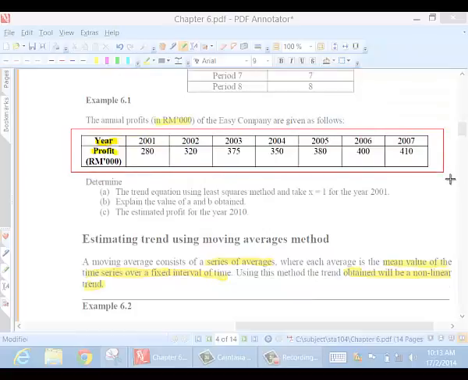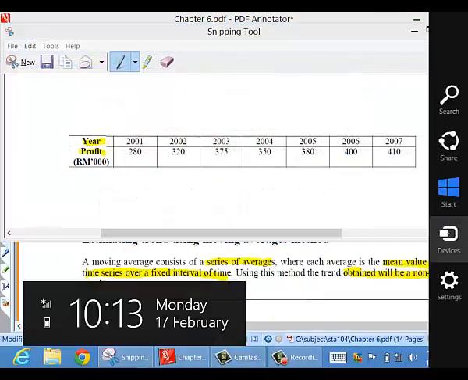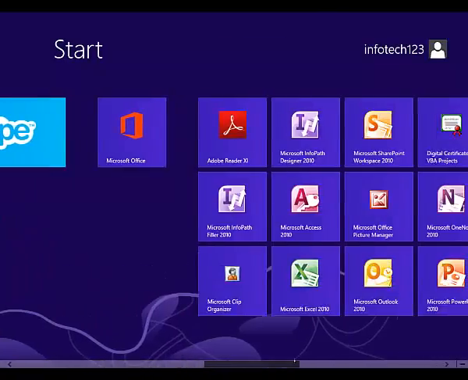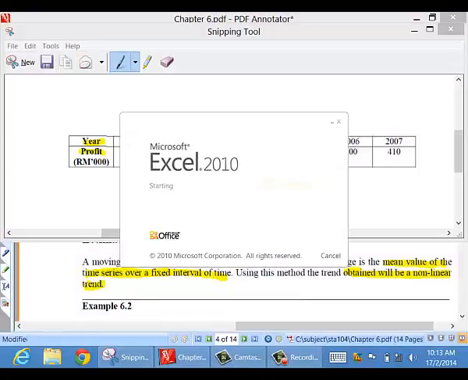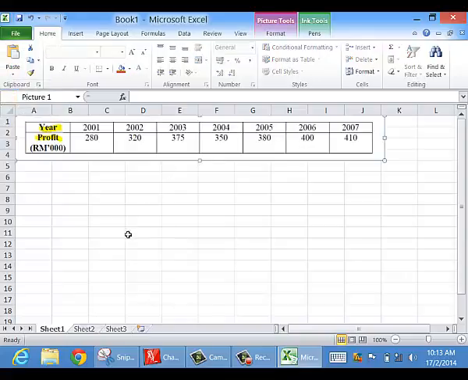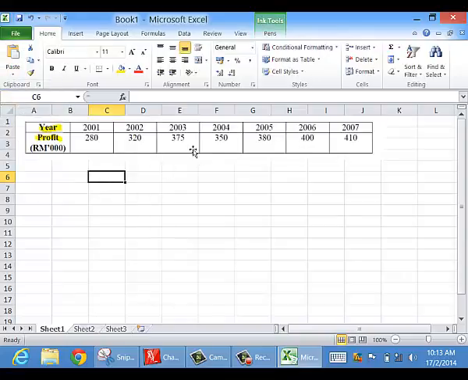This is a wide format. From the wide format, you need to convert to long format. So let me paste it on Excel. The long format should be like this.